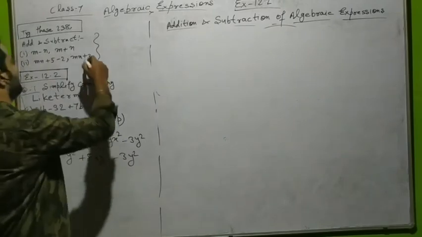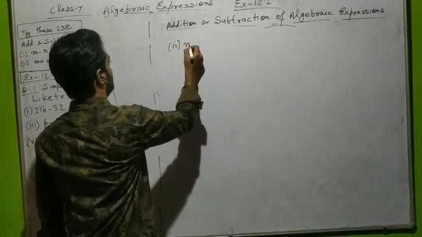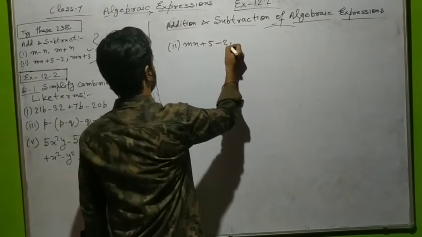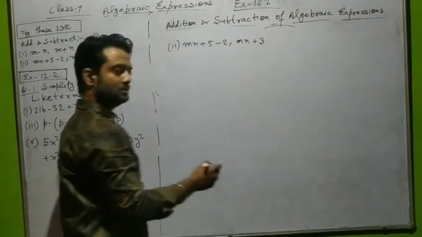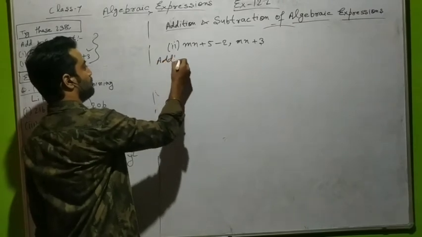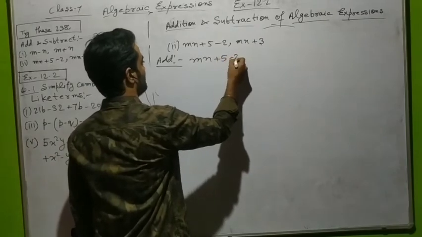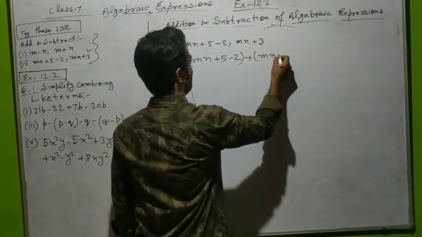Now the second one, we have to add and subtract (mn plus 5 minus 2) and (mn plus 3). Okay, first we will add them. So on adding, we can write it as (mn plus 5 minus 2) plus (mn plus 3).